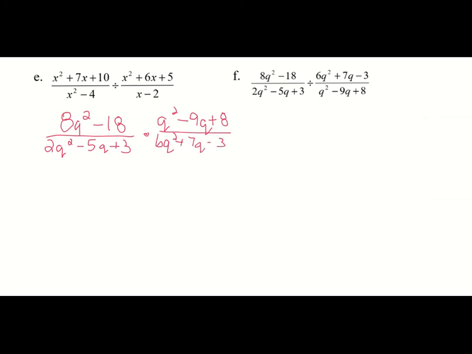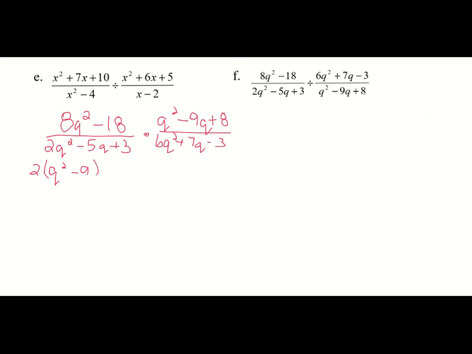All right, now we've got to factor everything. For the top of this first fraction, I know I can pull out a 2. And that becomes q squared minus 9, which I recognize is a difference of perfect squares. So I can go ahead and factor that again.